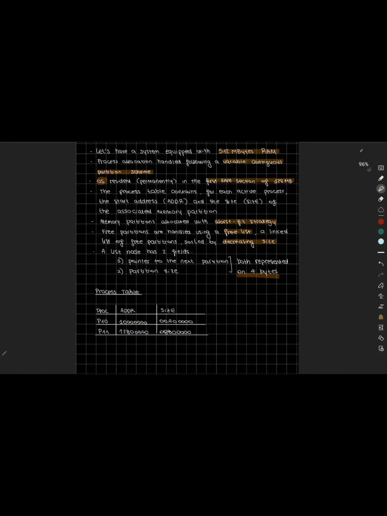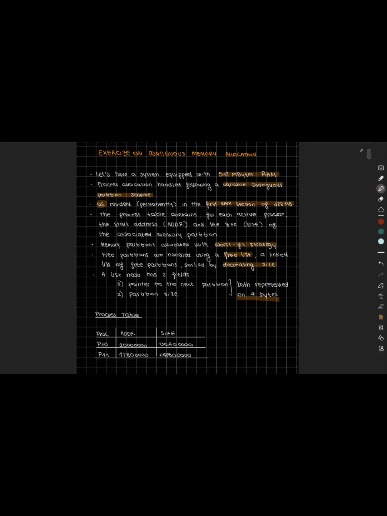So, first of all, I would like to have a visual representation of the memory, with all addresses and the space occupied by the OS and the active processes and the free blocks that we have. And we will calculate the free list.